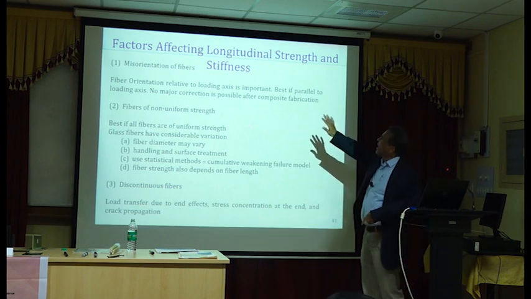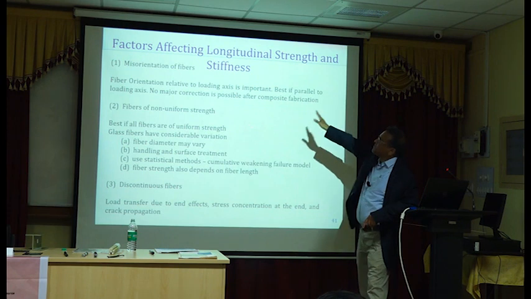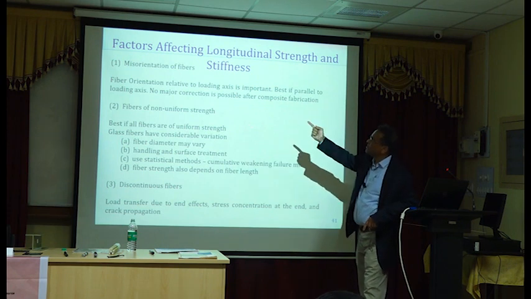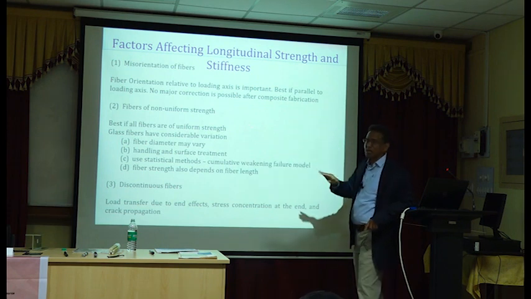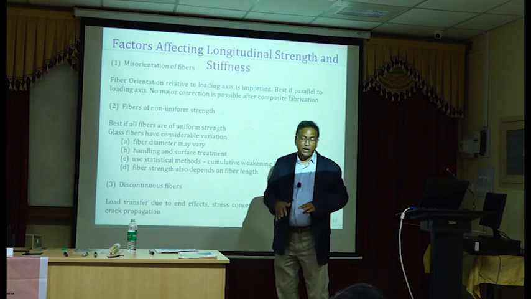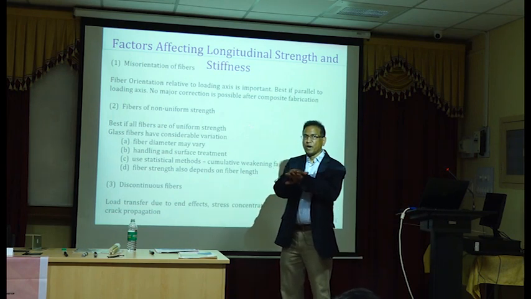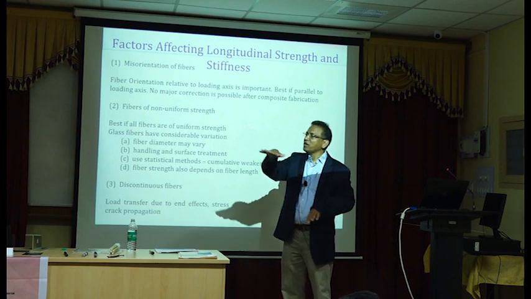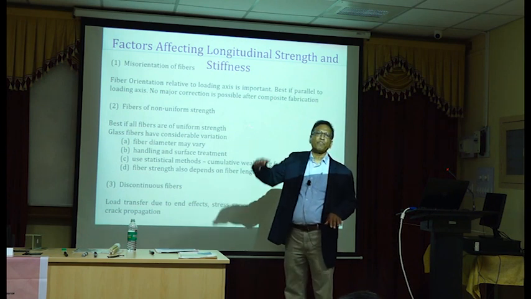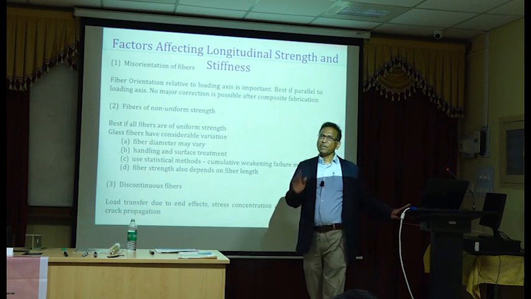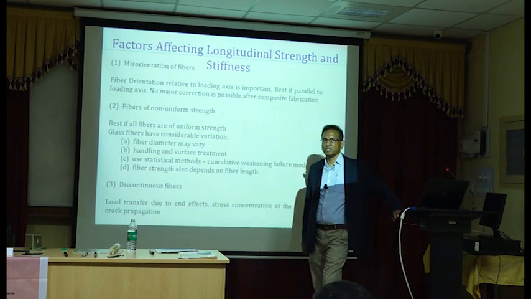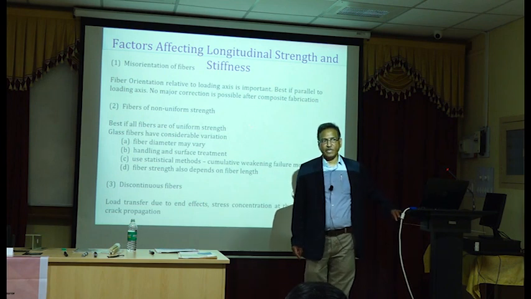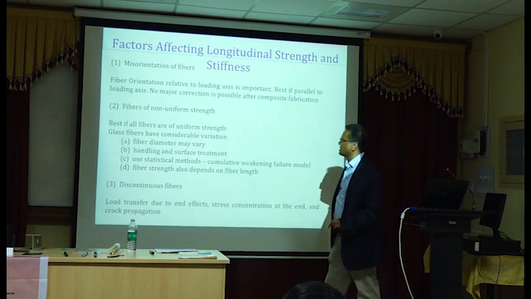So in general, factors affecting longitudinal strength and stiffness, of course, yesterday somebody mentioned this misorientation of fiber. Up to 5% you can prove by ply mechanics that if your fiber is out of alignment by up to 5 degrees, it will not make a major difference to the properties of the composite.